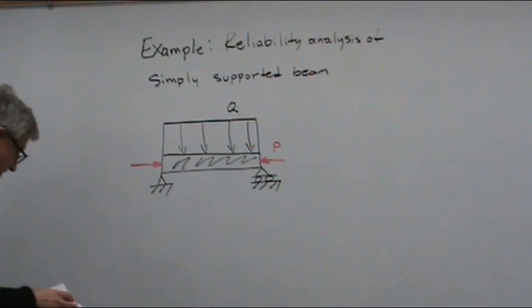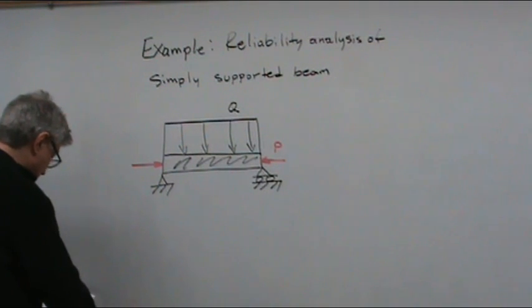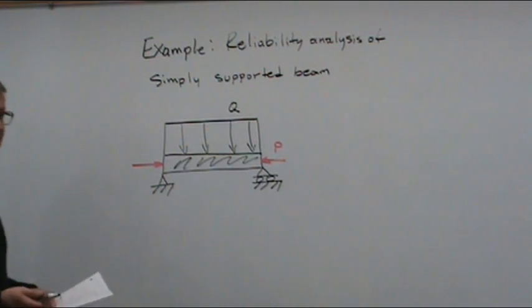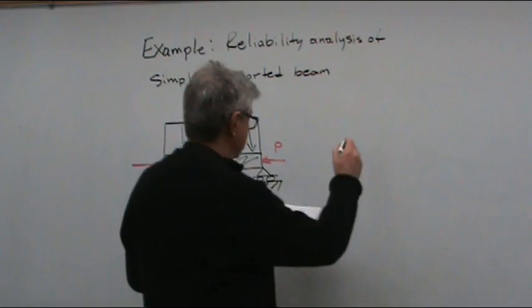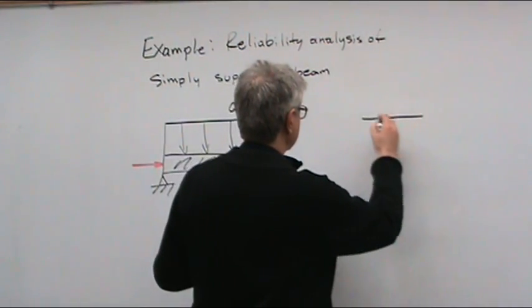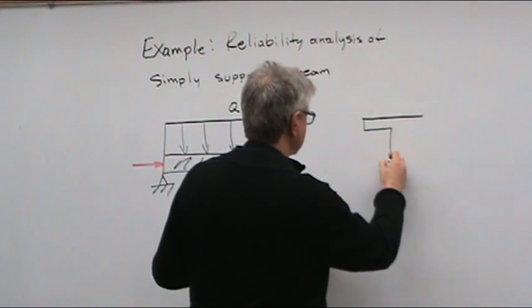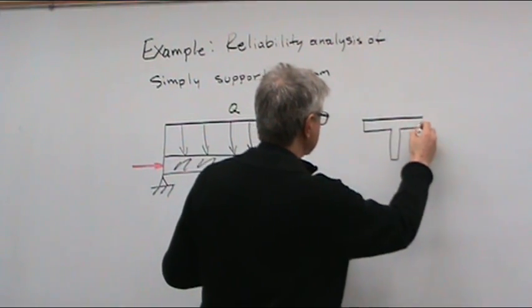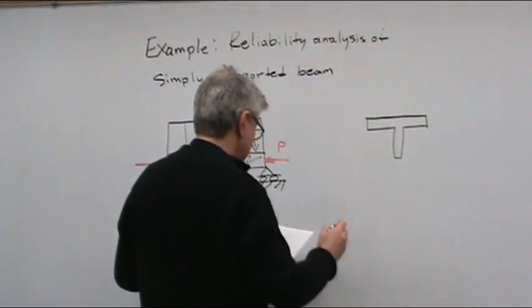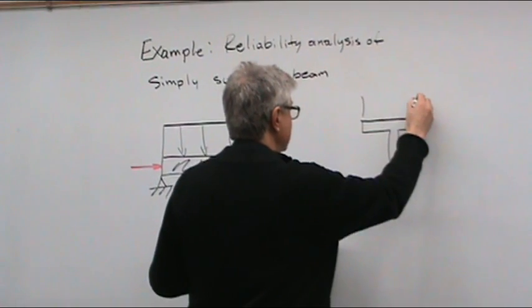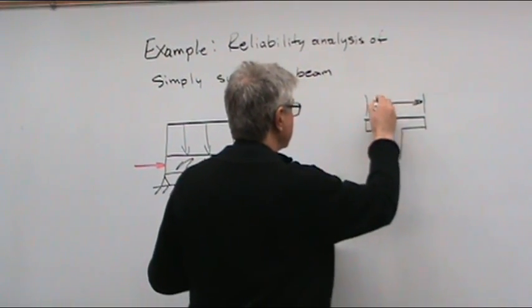Okay. The beam has a shape of a T. So this is the geometry of the beam. This is a T-shaped beam. That's a cross section, and some dimensions. This is BF.